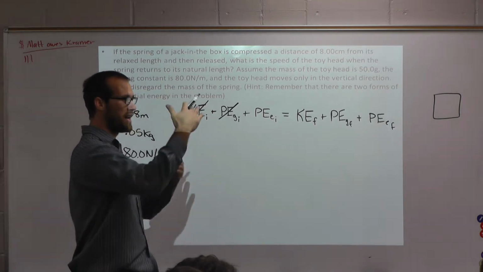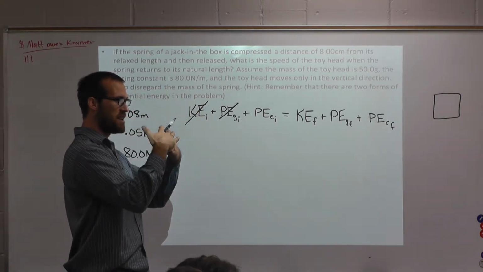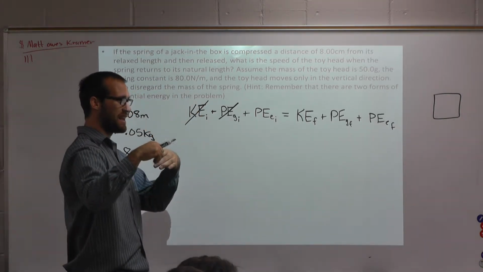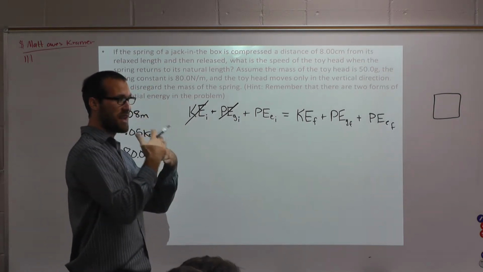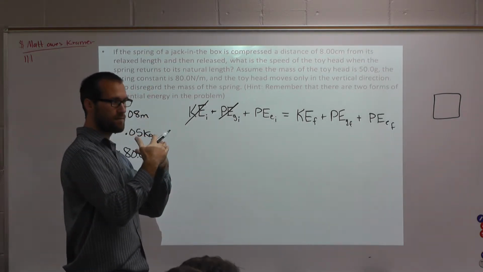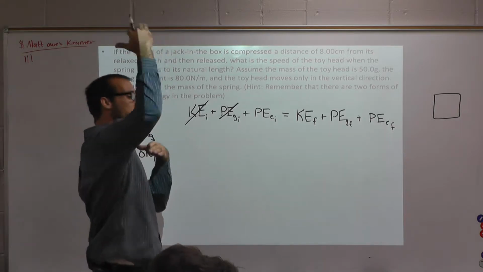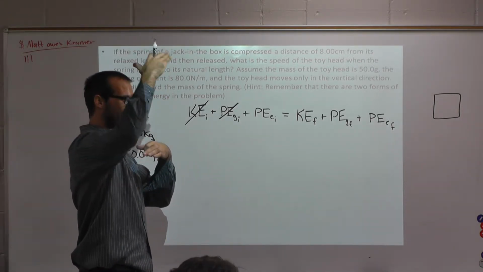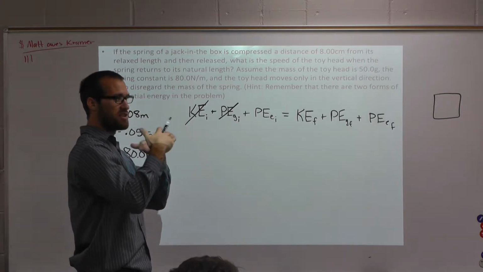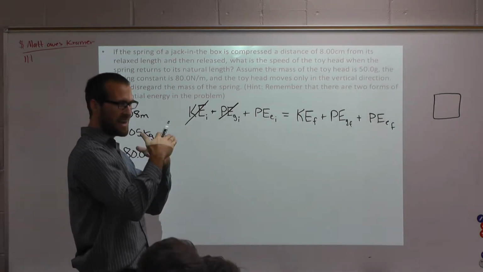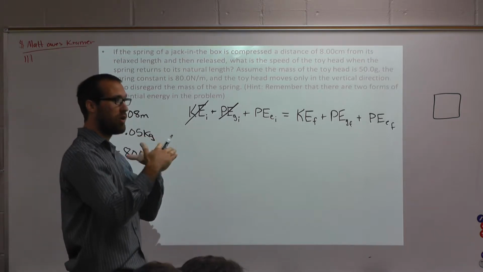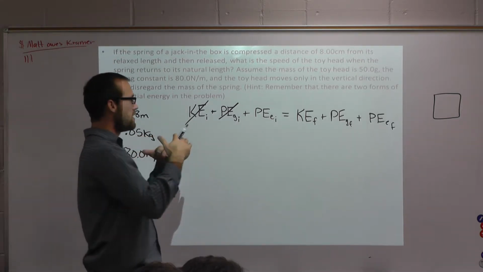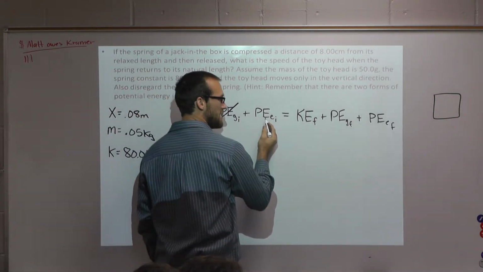If I wind it up and the spring is compressed, right before I let it go, it's at its compressed state and it's not moving. And as soon as I let it go, it's going to go wham. It's also at its lowest point, but we're going to set that as our zero level to make this problem a whole heck of a lot easier.